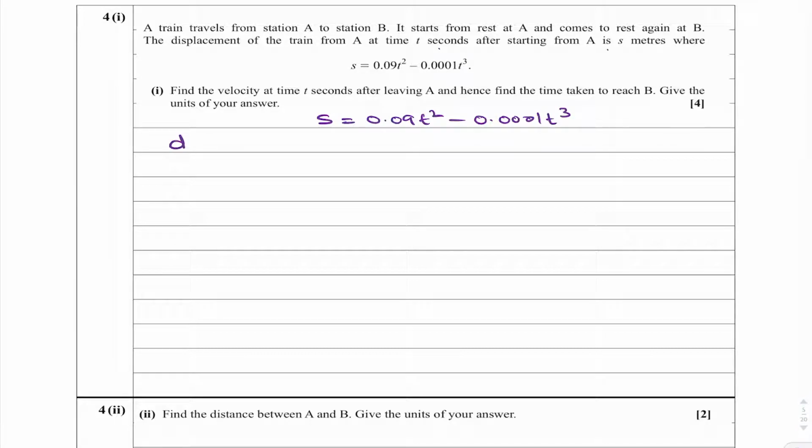So if you differentiate s with respect to t, that will give us the velocity, which is v, and that equals 0.09 t squared minus 1, 2 times, minus 3 times 0.0001 t cubed minus 1.